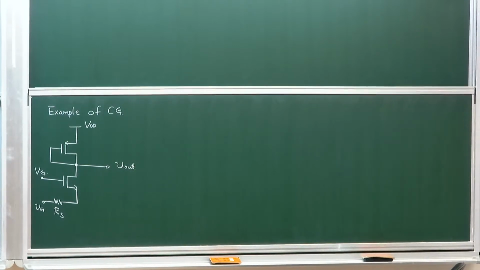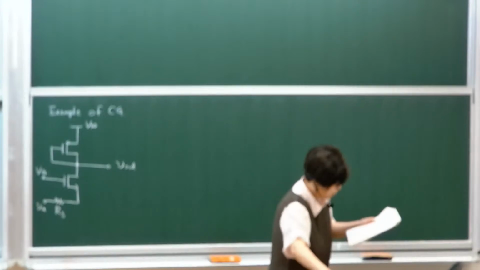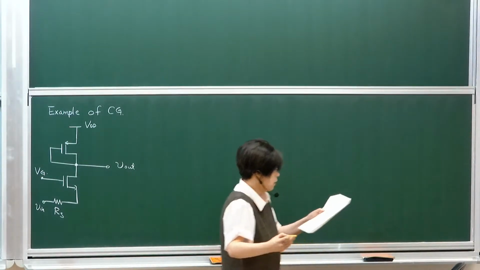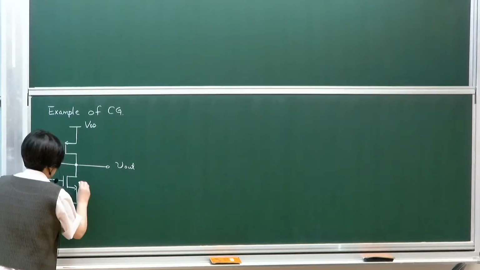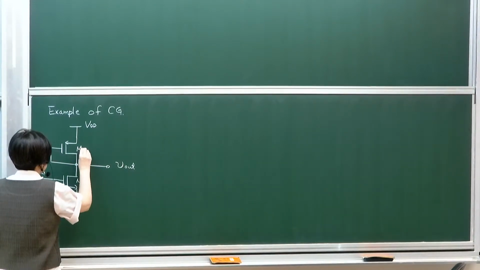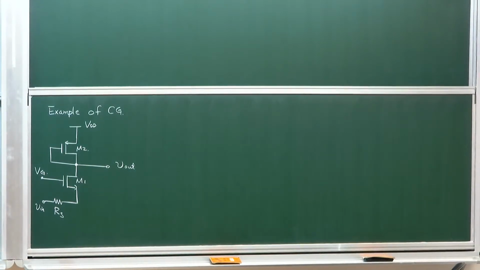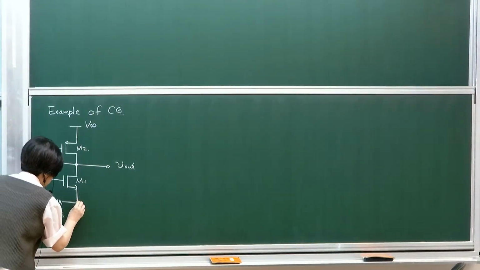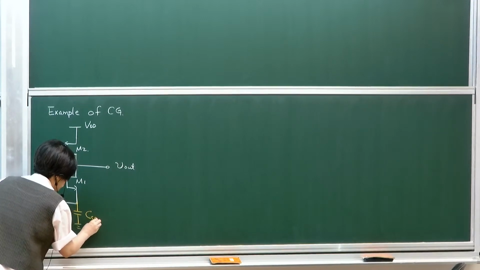Let's just add them. Let me get a different color. So we're going to add them back because there's two transistors, M1, M2. So there will be, once again, the input pole, input terminal, source to body.